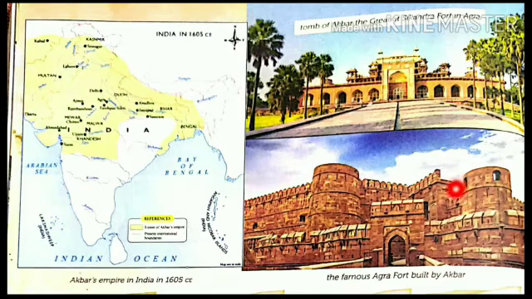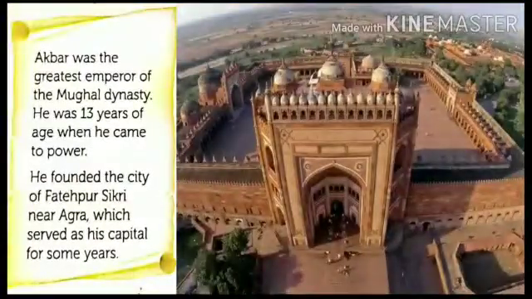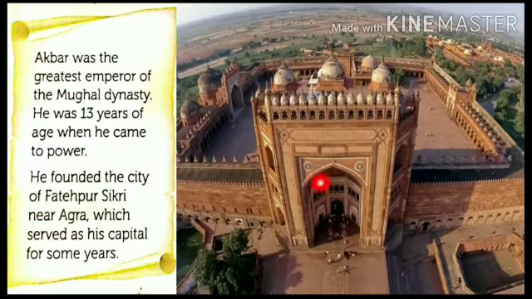Next, the famous Agra fort built by Akbar. Okay, children? Very nice. Now, children, you can see the picture. Here is a very beautiful picture. This is the picture of Fatehpur Sikri.